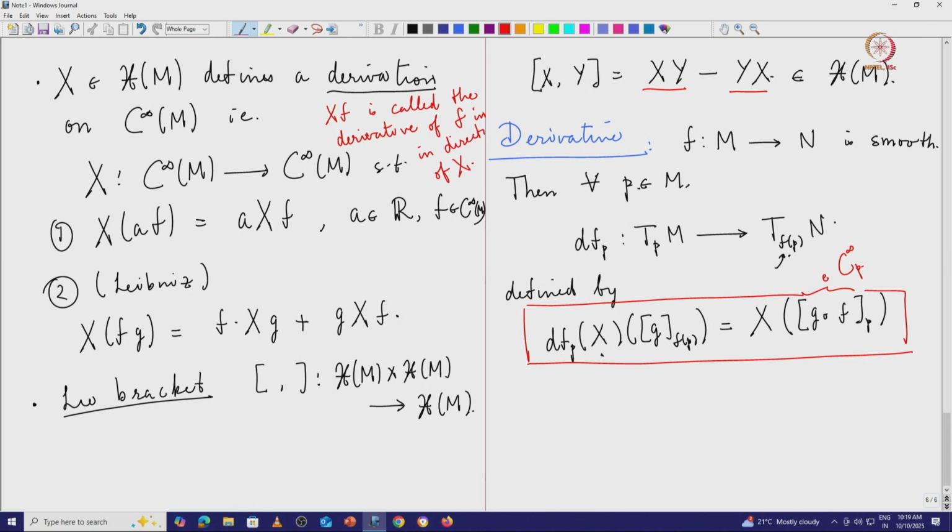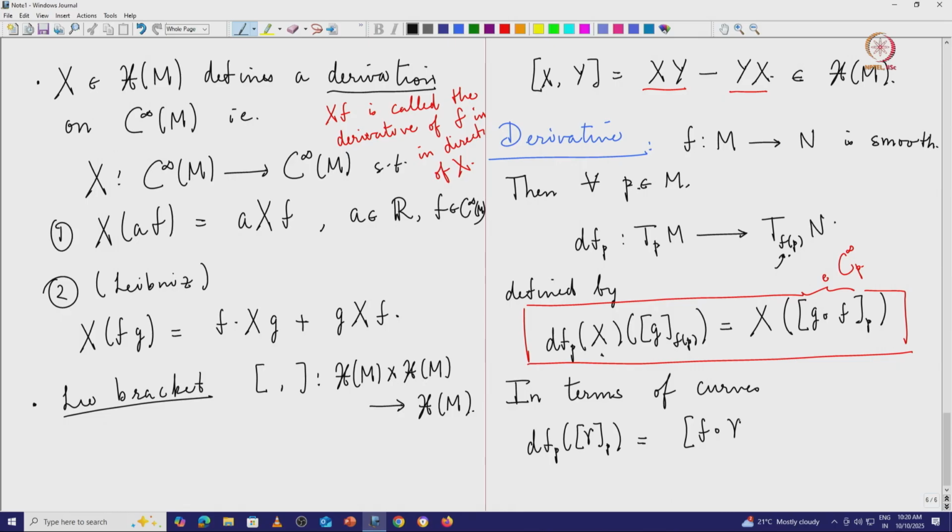So actually in terms of this other alternate definition in terms of equivalence classes of curves, it's even easier to write down the derivative map. So if you take an equivalence class of a curve at p, the derivative map basically just sends it to an equivalence class.